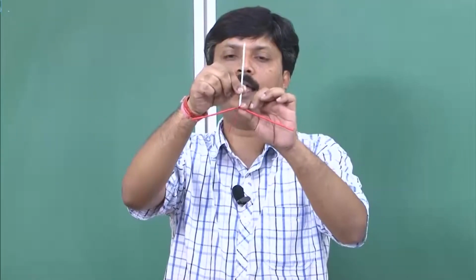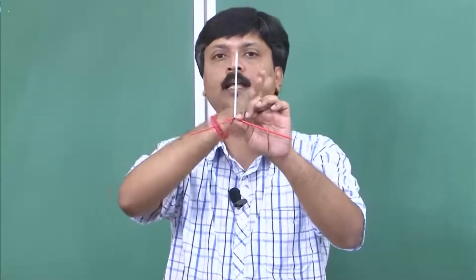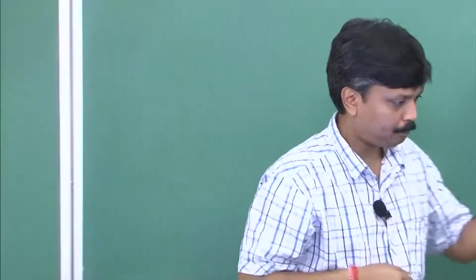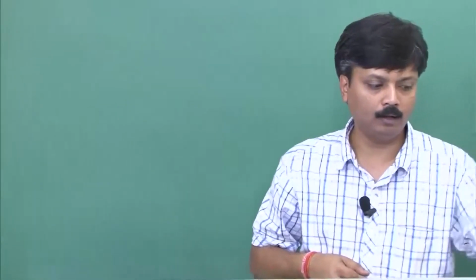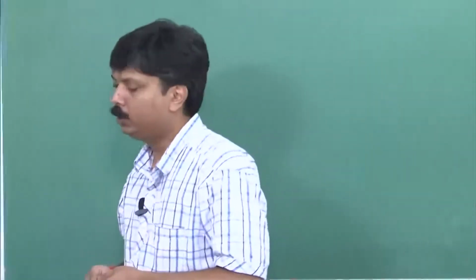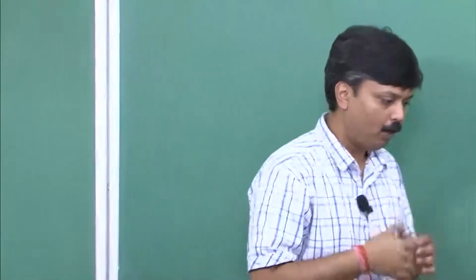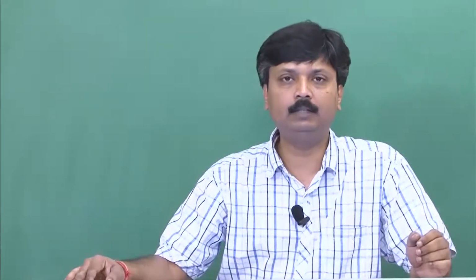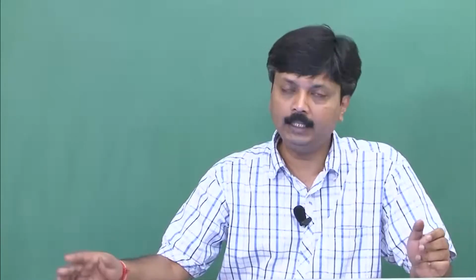So I can have three planes of symmetry, and a plane of symmetry is denoted as sigma. Sigma is the symbol of a plane of symmetry. Very often you will come across different types of sigmas, for example sigma h, sigma v and sigma d.